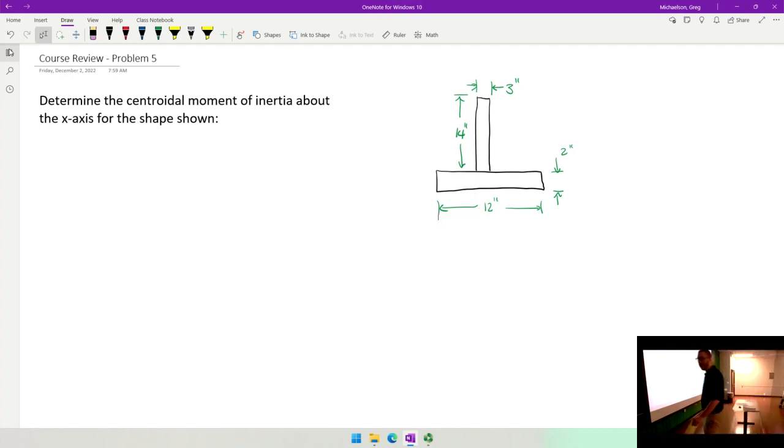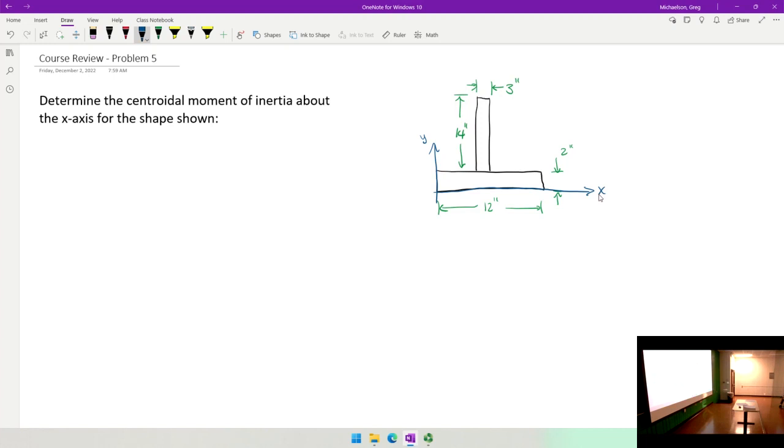Now, what I'll do is I will go ahead and place an arbitrary coordinate system for our reference. I can do better than that. That's an arbitrary coordinate system for our reference.